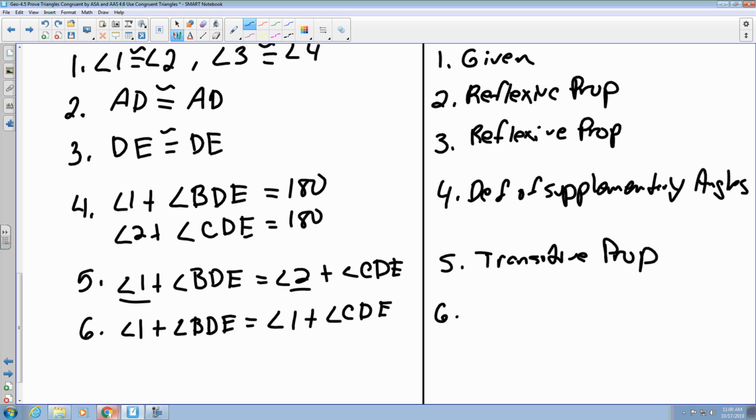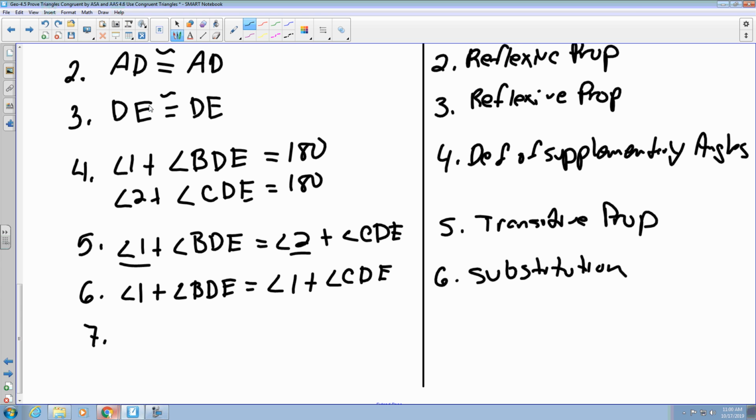And that's simply from substitution. Next, I'm going to subtract angle 1 from both sides. So now I can say that angle BDE is equal to angle CDE. Or you can say it's congruent because of subtraction.